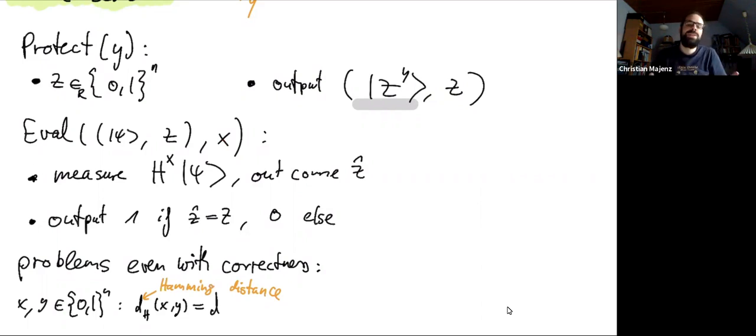But the problem is that it starts with correctness already, because correctness only holds in a very weak sense.